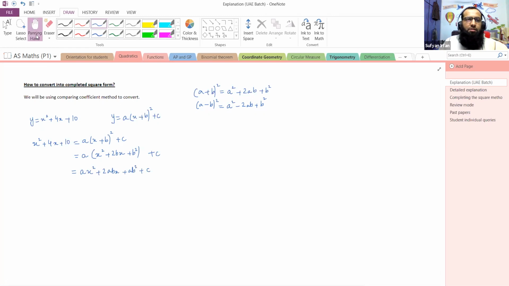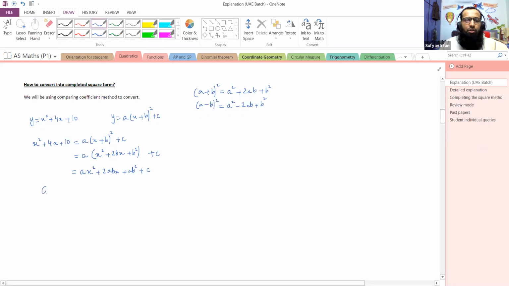What I've done is, the form in which we have to convert, I have just expanded it. And once I have expanded it fully, I have just separated the terms: the coefficient of x squared separate, the coefficient of x separate, and the term without x, the constant, at the end.